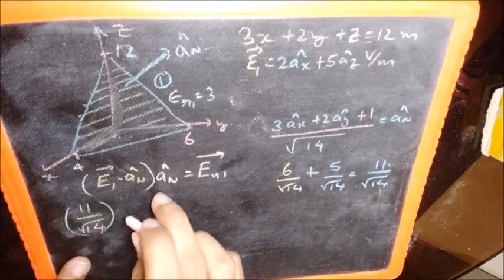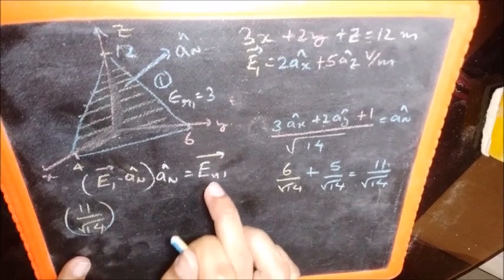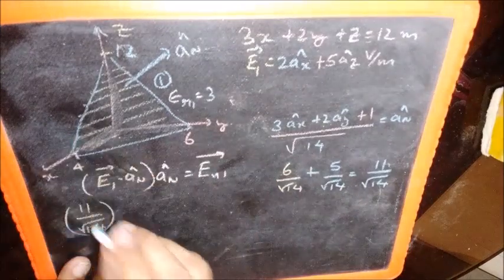And an cap, that is the normal component of the electric field in region 1, that is behind the interface.